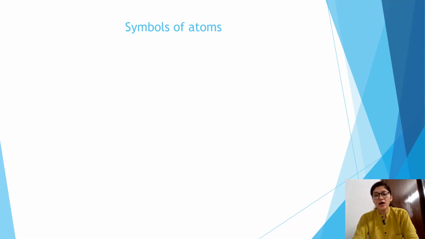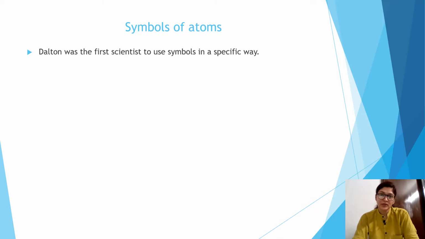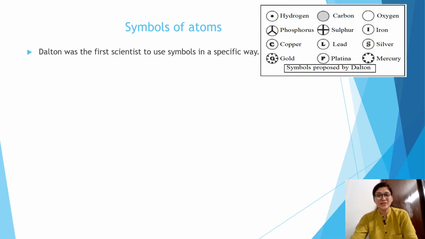The next is the symbols of atoms. Dalton was the first scientist who played a very important role in determining the symbols, as a part of Dalton's atomic theory. And how did Dalton determine them? In this way.